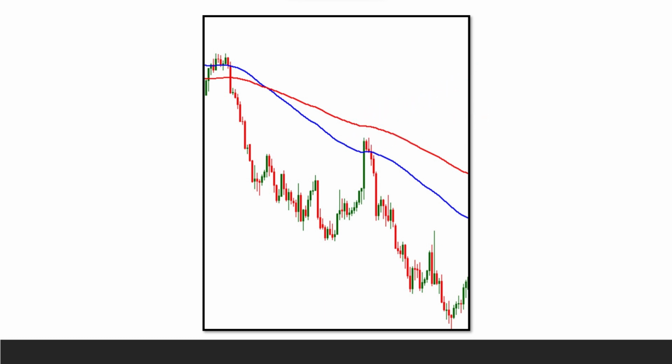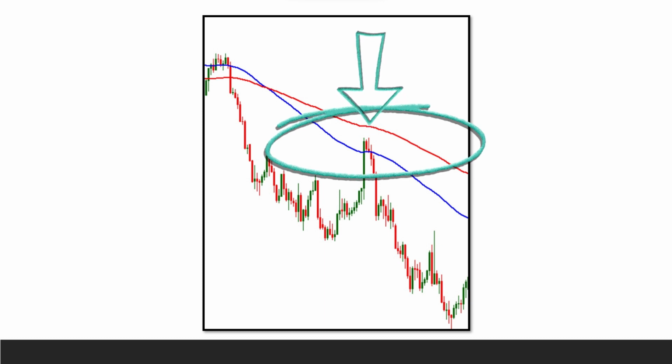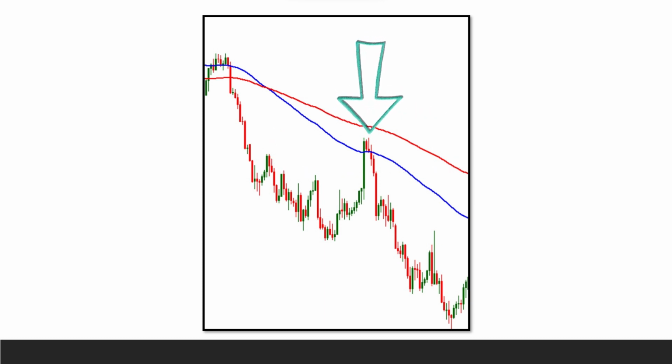When the price goes below the 100 MA, comes a little bit above the 100 MA, but still remains below the 200 MA, you can say that it is a dynamic support and resistance zone, or you can call it a dynamic resistance zone. From here, the price will again go back down. So this is the dynamic support and resistance zone.